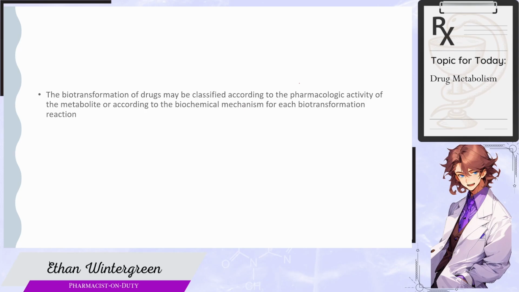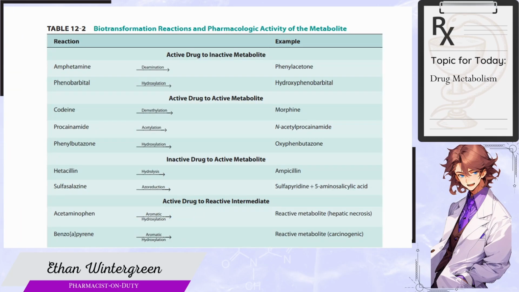And the biotransformation of drugs may be classified according to the pharmacologic activity of the metabolite or according to the mechanism for each biotransformation reaction. So here are the general biotransformation reactions and pharmacologic activity of the metabolite. So you have your active drug to inactive metabolite.